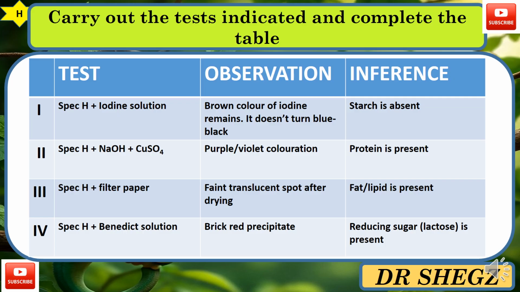If you rub H against a filter paper and allow it to dry, it's going to show a very faint translucent spot to indicate that fat or lipid is present. Then if you add specimen H to Benedict solution with heat, you have a brick red precipitate to show that reducing sugar or lactose is present.